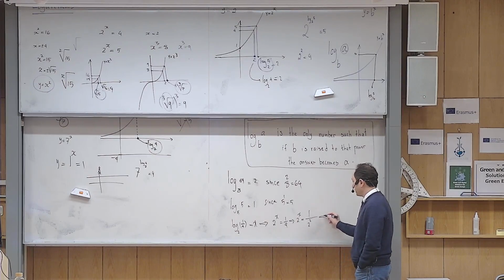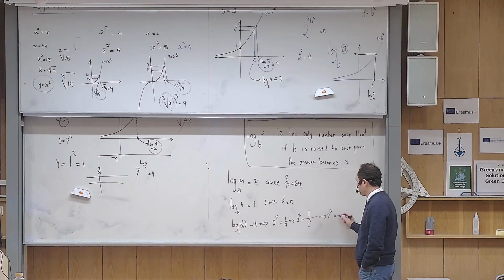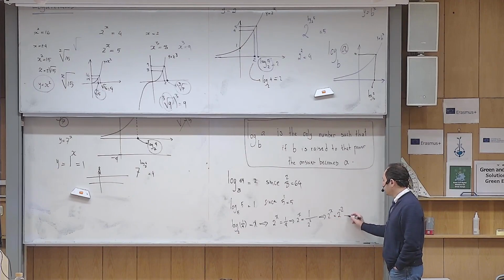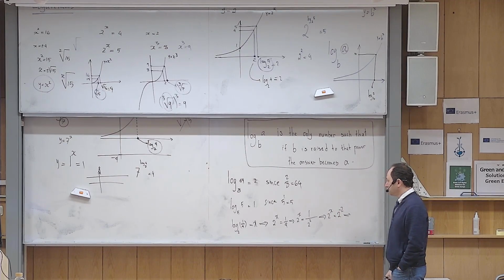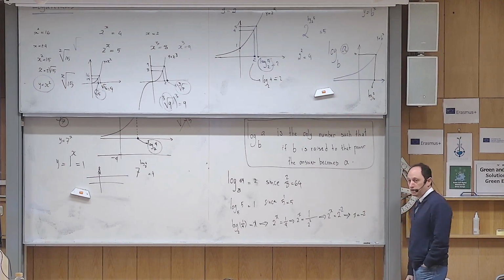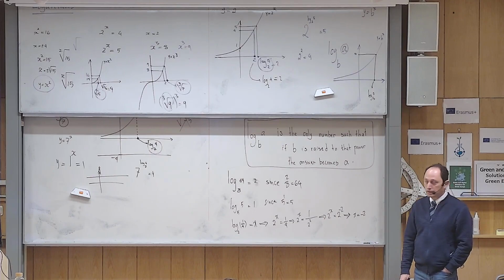Then from Math 1C, I learned that 1 over 2 to the power of positive 2 can be written as 2 to the power of minus 2. Now it is not hard to guess at all. 2 to some power, which I don't know, is equal to 2 to the power of minus 2. So what is x? Minus 2. So the answer is minus 2. Yes?